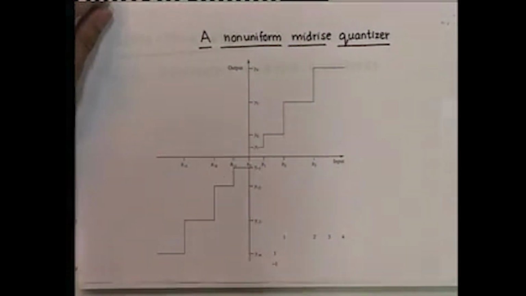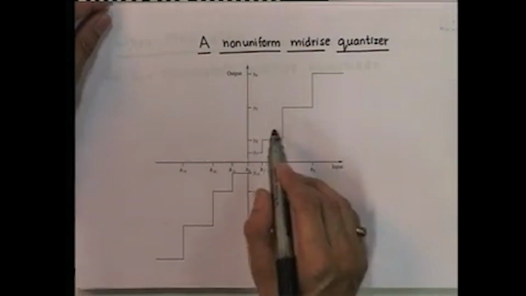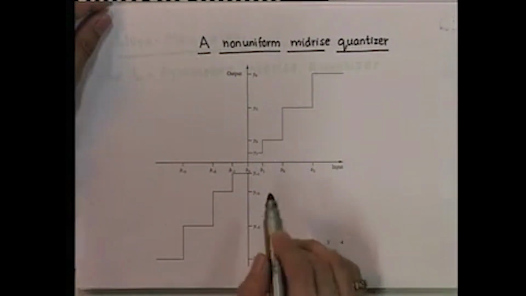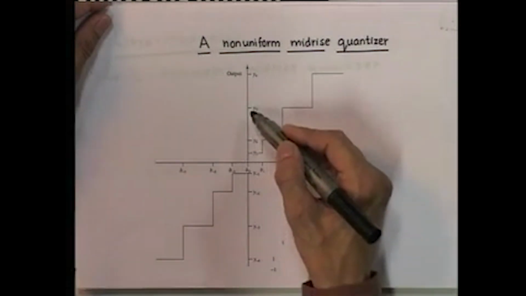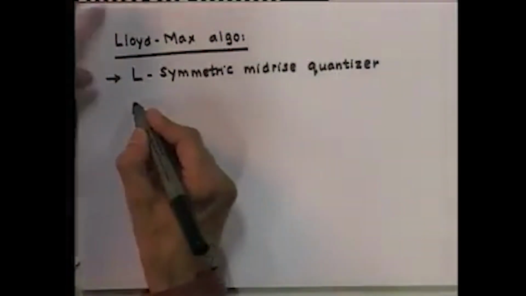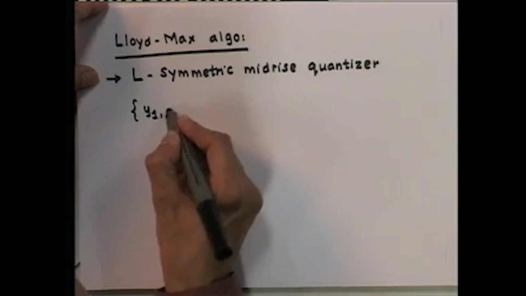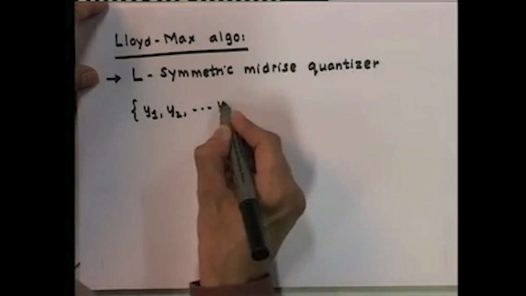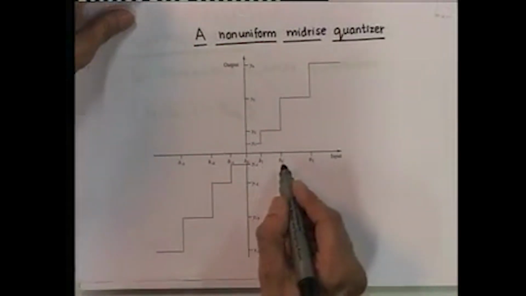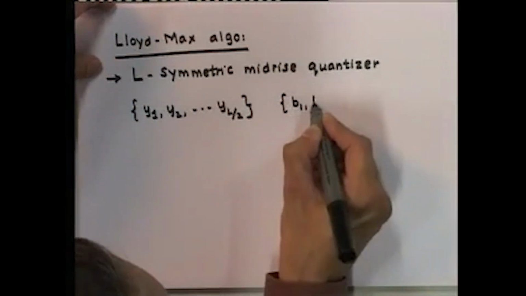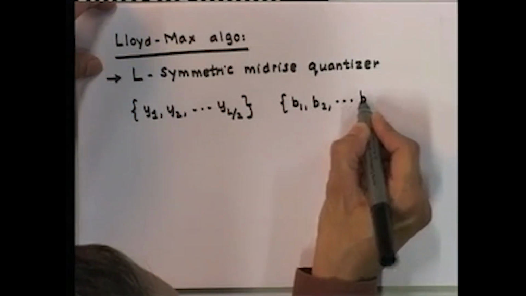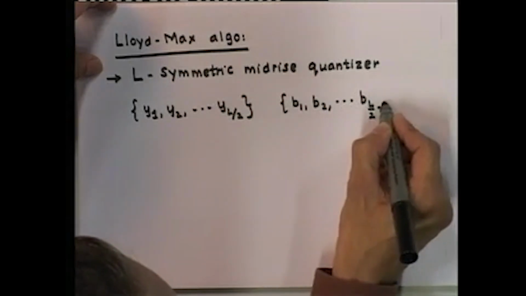From the figure, we observe that the design of this quantizer needs us to obtain the reconstruction levels y_1, y_2 up to y_{L/2}, and the decision boundaries b_1, b_2 up to b_{L/2 - 1}.